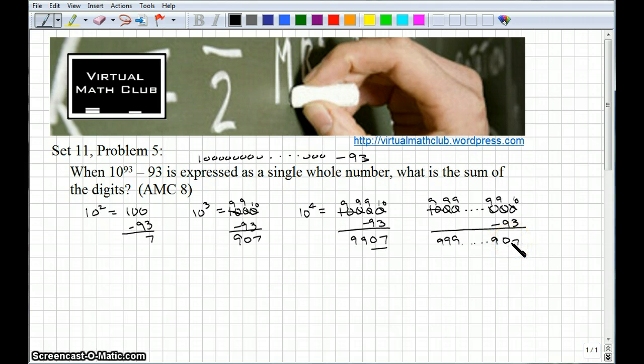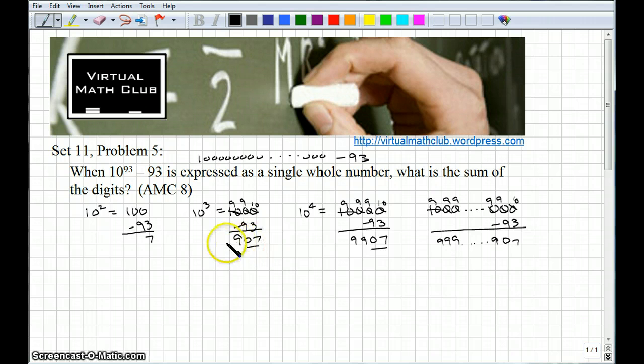Alright, so I'm going to go ahead and solve this problem. I practically have it solved right now, because you can see that when you subtract 93 from a power of 10, you end up with a number ending in 0, 7, and then you have a number of 9s out in front.